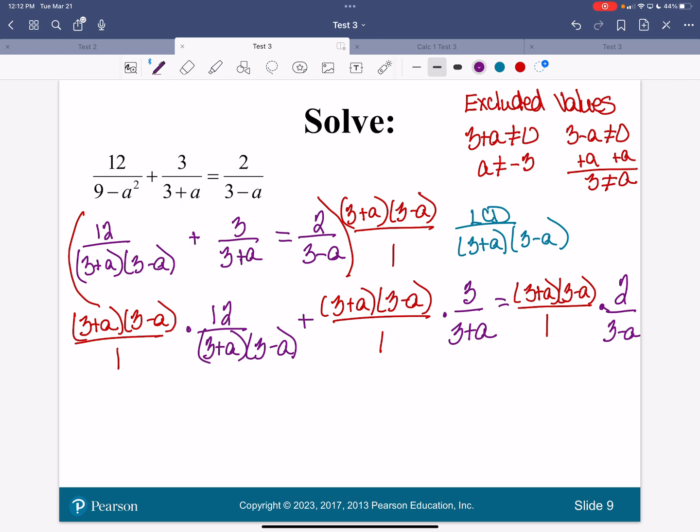Okay, don't skip these steps. Look to make sure everything in red is your LCD. Make sure everything in purple is part of your original problem.